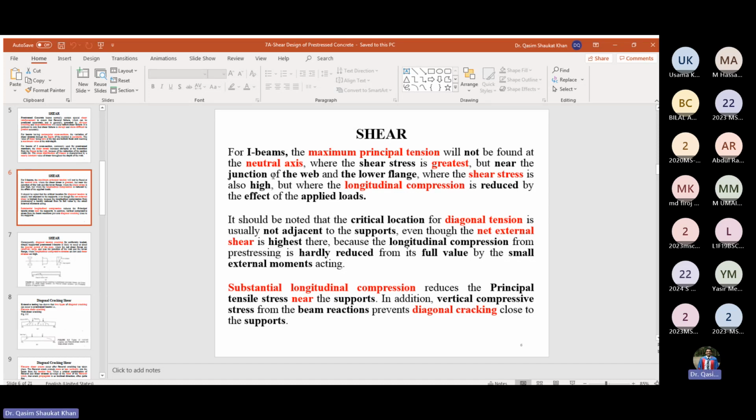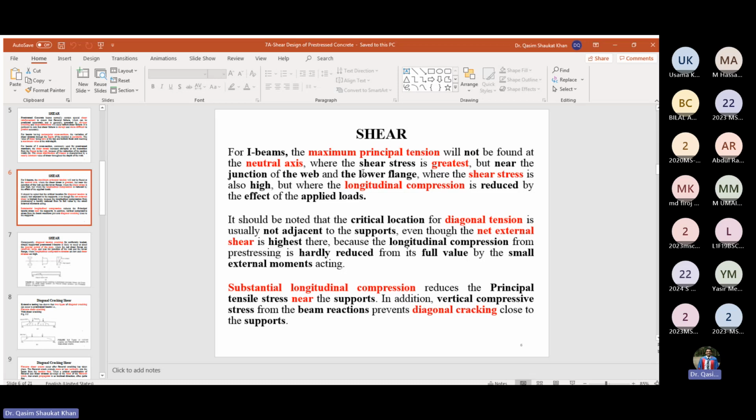So for I-shaped beams, the maximum principal tension will not be found at the neutral axis, where the shear stress is greatest. Near the junction of the web and lower flange, basically, there will be two junctions.